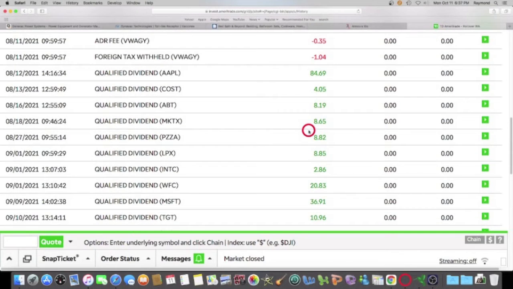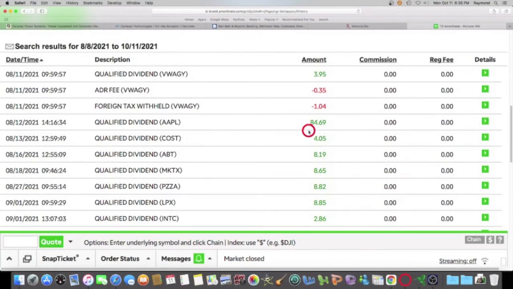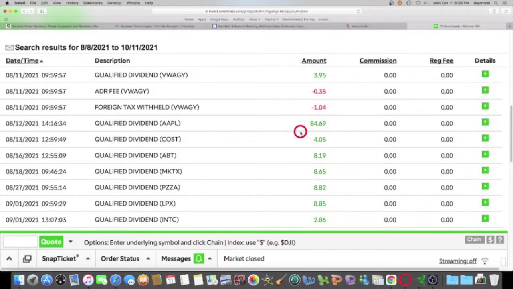Let's go up, and we're going to see, did I have any fees? And I did have a fee, and this is the stock that had the fee. This is Volkswagen, and there is an ADR fee.